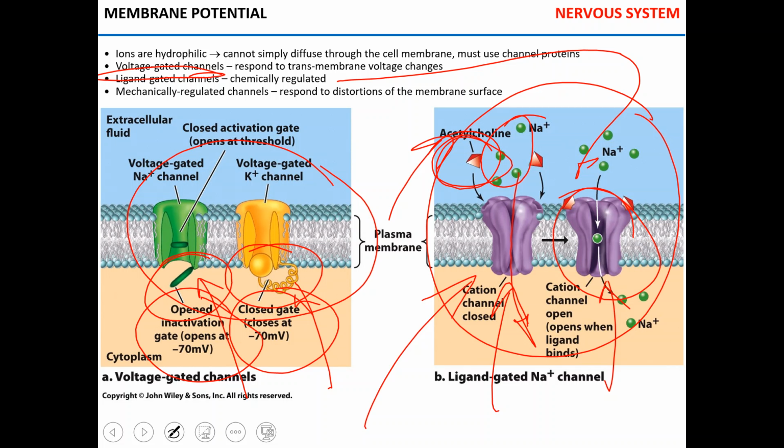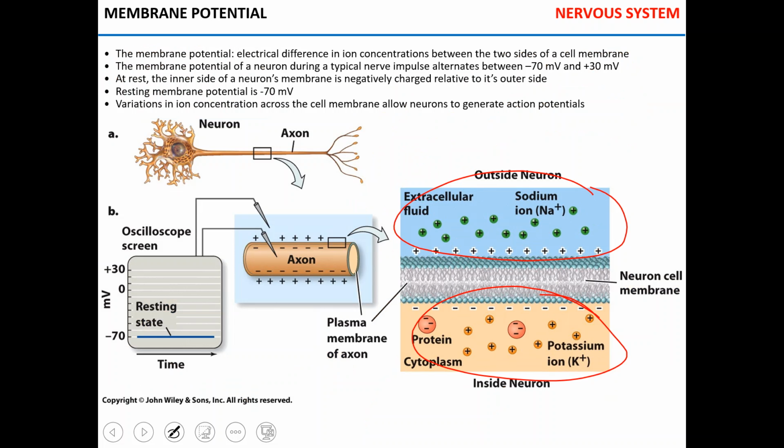We call these channels voltage gated, meaning that they respond to voltage changes in the membrane potential. And then, not on any illustration, but there are channels that are mechanically regulated. They respond to membrane distortions, mechanical stimulus, some kind of pressure, for instance, or vibration. Okay?